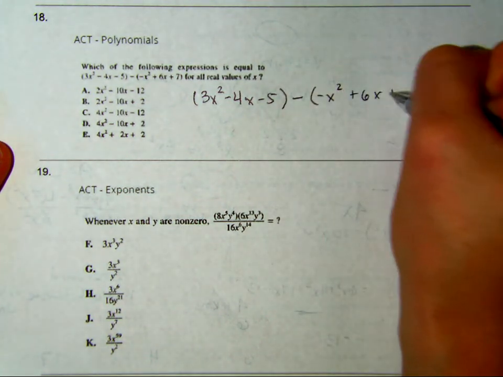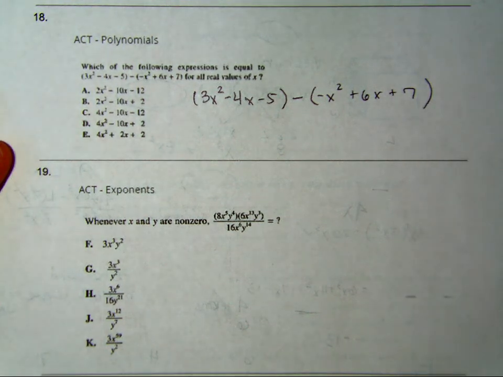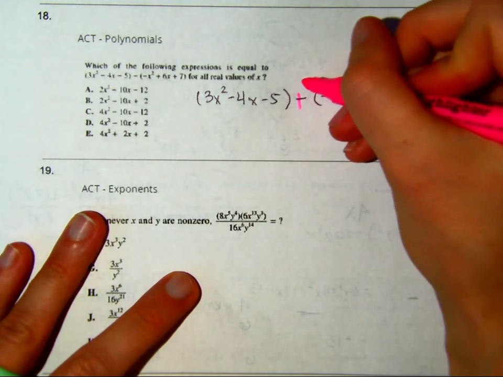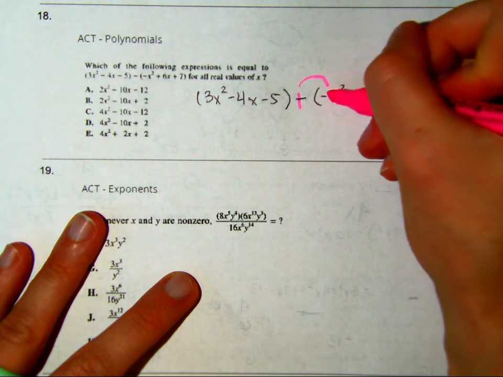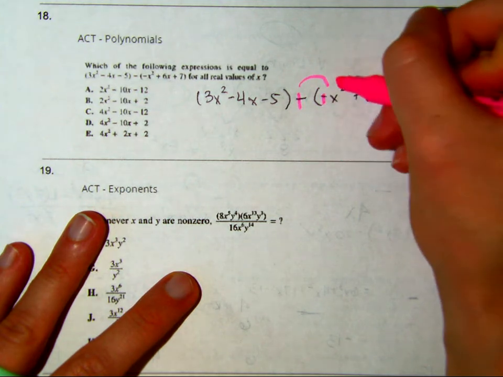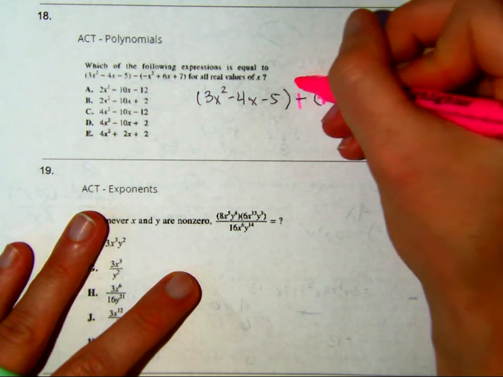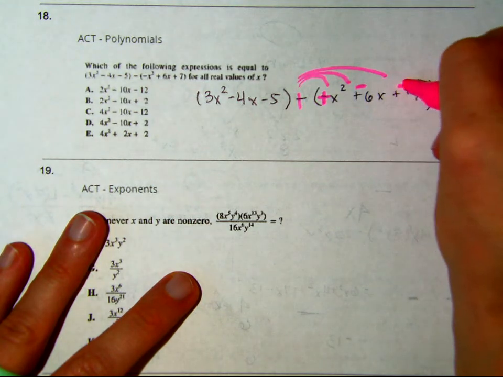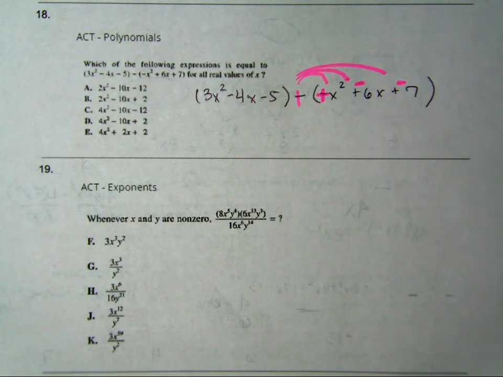What happens is I distribute. So this becomes a positive, and then I distribute. So negative times a negative, this becomes a positive. I distribute. This is a negative, negative. Okay, so now, because that's distributed, now I can combine my like terms, right?